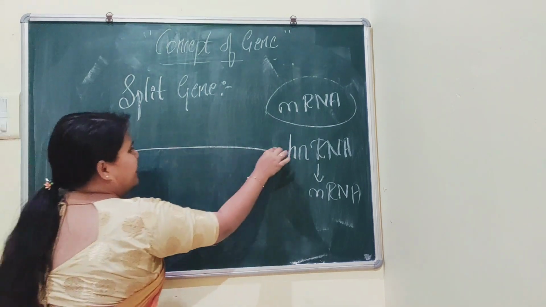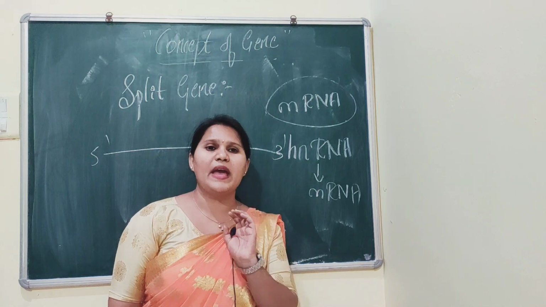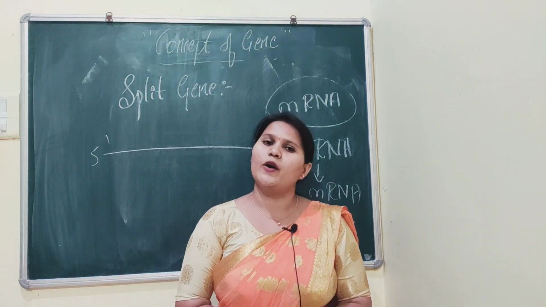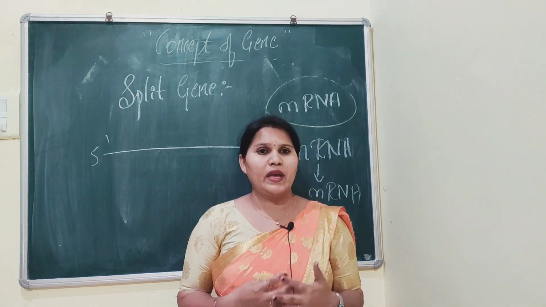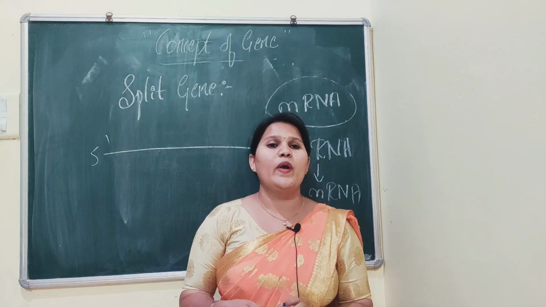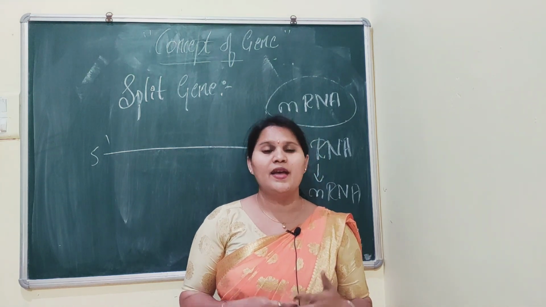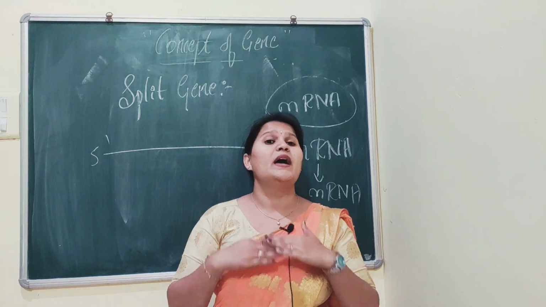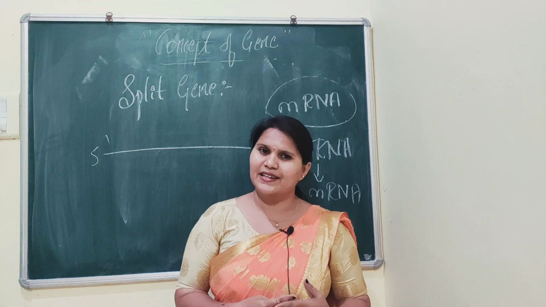If this is our hnRNA, this complete hnRNA will be having two sequences on it, that is the coding sequence and the non-coding sequence, where the coding sequences are nothing but the segments of RNA having the capacity to code for the different amino acids, whereas the non-coding sequence doesn't involve itself in any of the coding process, clear.